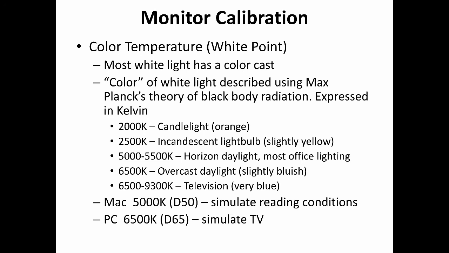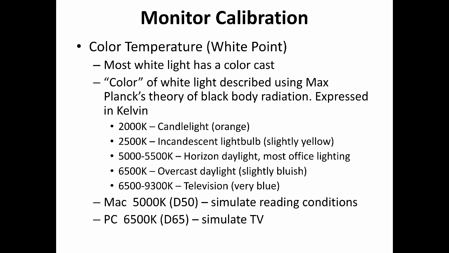What Planck theorized was that if you imagine an object that absorbs all light that hits it and reflects nothing, that is a theoretical or hypothetical black body. Because if an object absorbs all of the light that hits it, and reflects nothing, then it's going to appear to be perfectly 100% solid black.